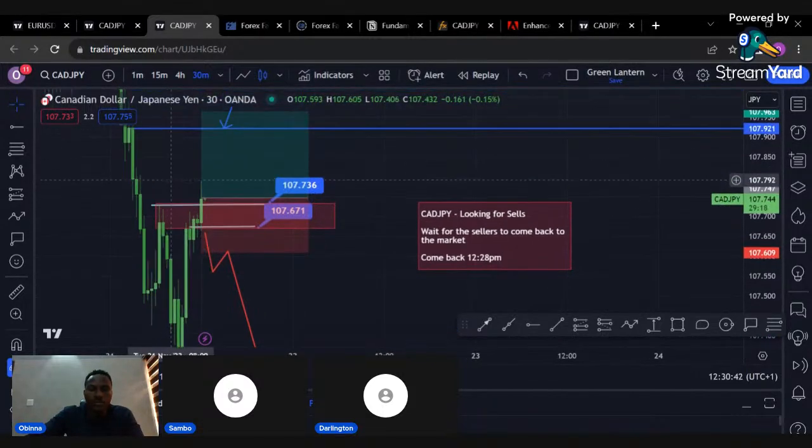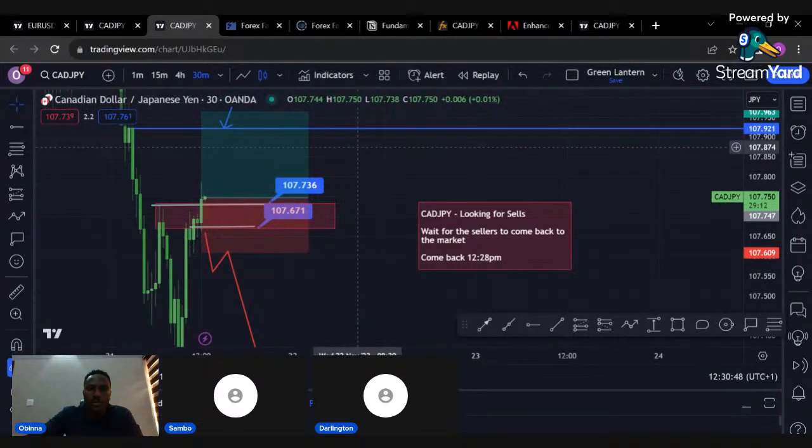Okay, so looking at buying just up to this point. That's what we're looking at. So buy is up to this point.